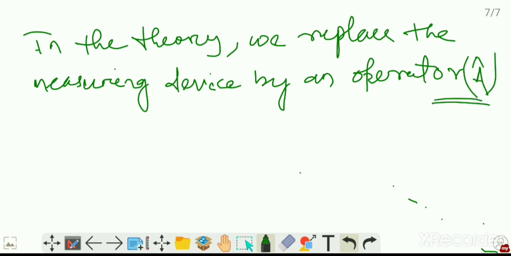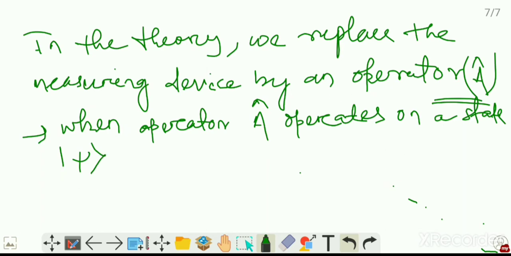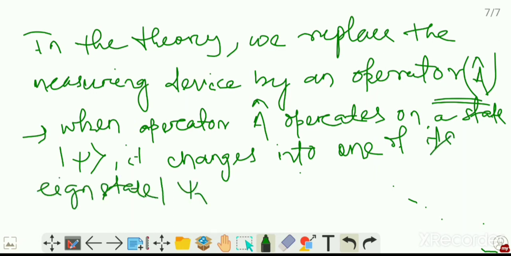When operator A cap operates on a state psi, it changes it into one of its eigenstates psi of n. That is, psi of n is an eigenstate of operator A cap.